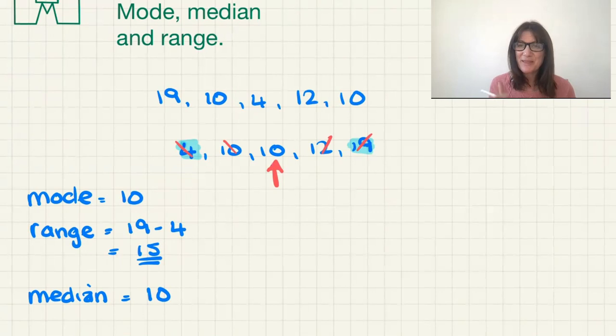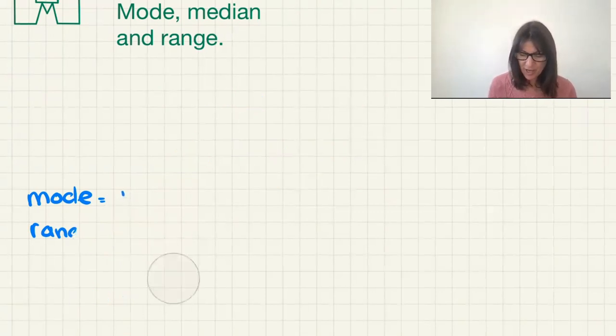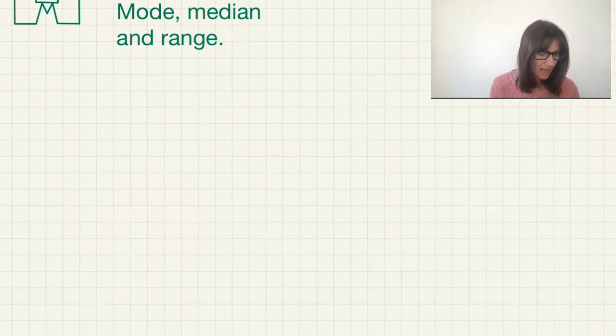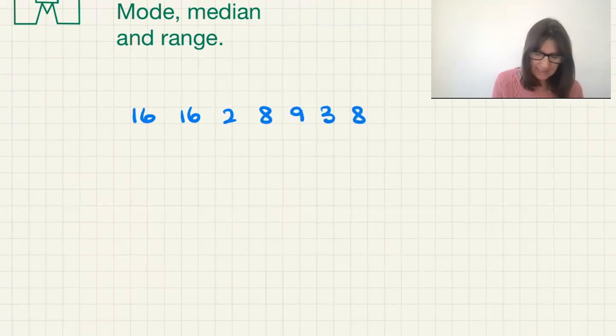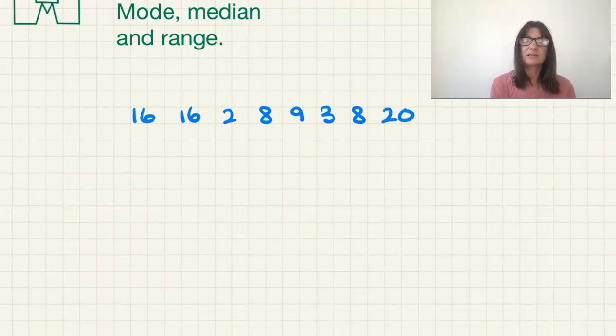And if you got it right, fabulous, well done. Okay, we're going to do another one. This one's going to have a few more numbers, just because we haven't done a list with a lot of numbers yet, and we want to do that so that we're practicing it properly, because you're more likely to see a longer list like this.